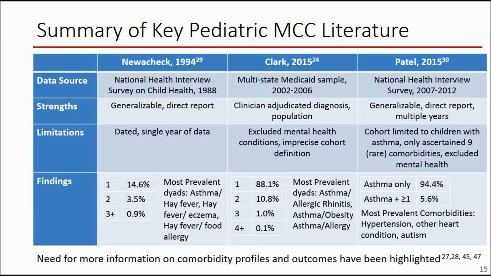It's 2 or more conditions lasting a year or more, requiring ongoing medical attention and/or limitations to the activities of daily living. This is a standard definition that's been adopted by CMS, the Department of Health and Human Services, and so on. In adults, MCC has been really well studied. It has been shown to be associated with increased cost, morbidity, and mortality, as well as reduced quality of life and at times quality of care.